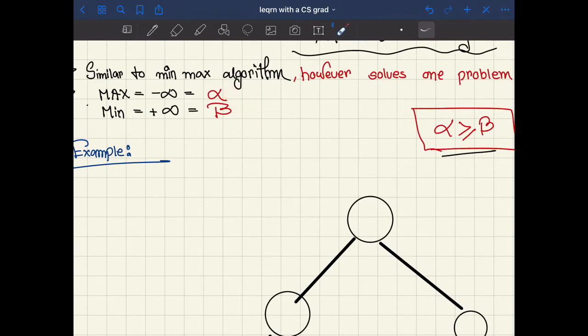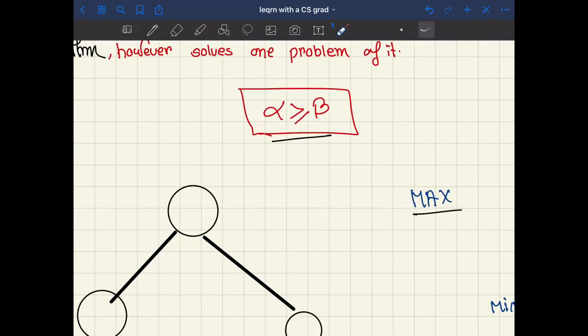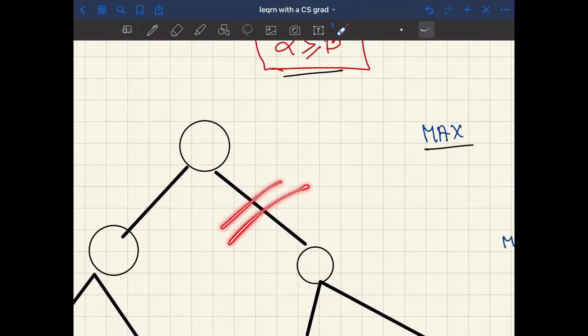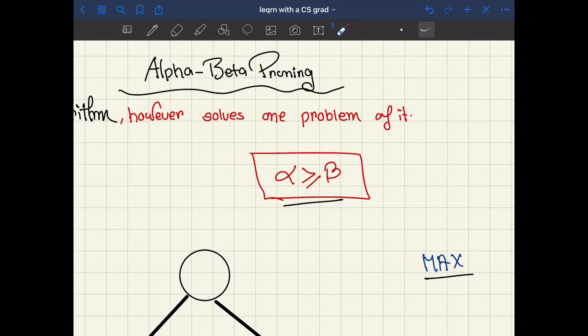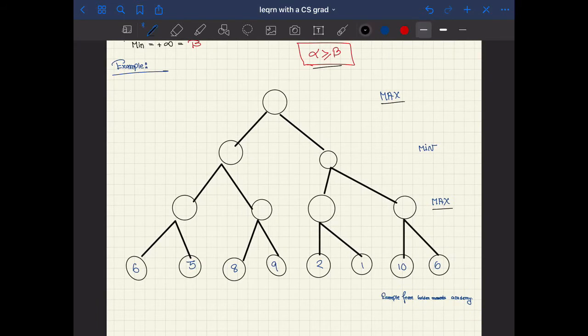Alpha starts at minus infinity, the worst case, and beta starts at positive infinity, which is the worst case for beta in terms of min values. Pruning means we are going to cut one branch, and we prune when the value of alpha is greater than or equal to beta. Let's look into the example and see how it works.